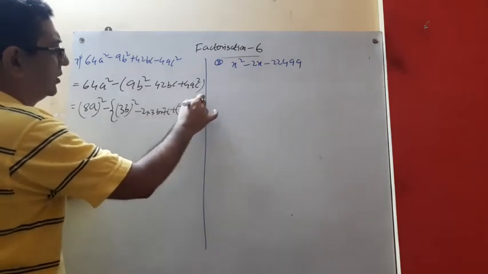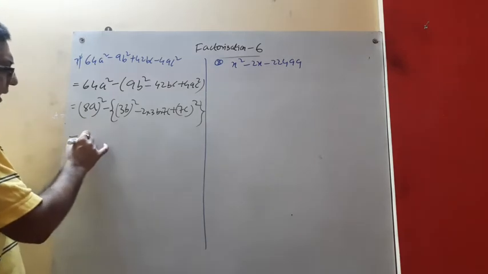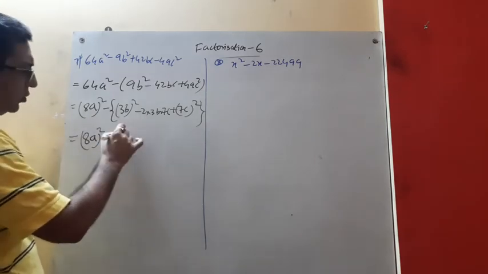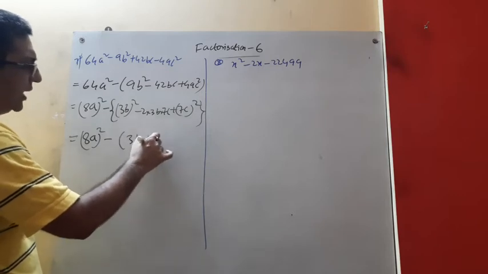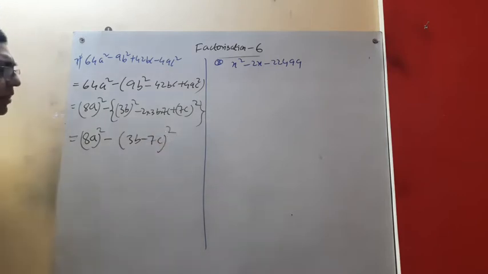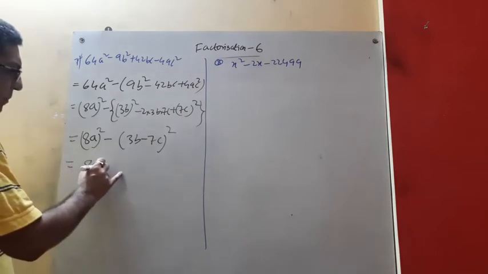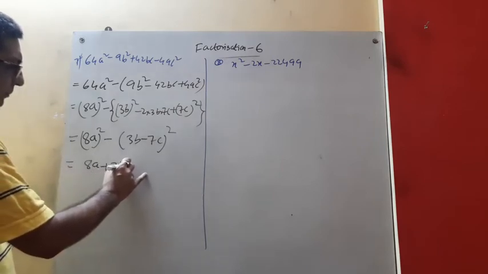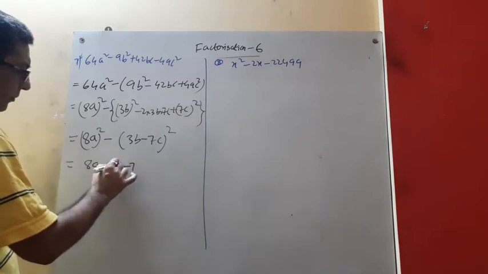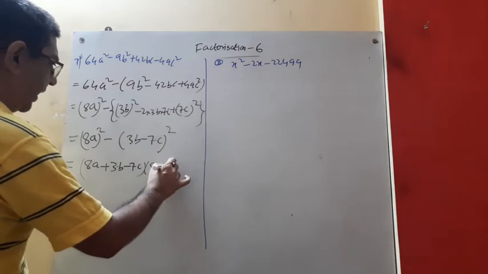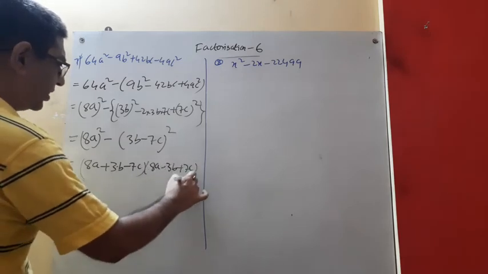So we get 8a whole square minus 3b minus 7c whole square. So this is a square minus b square, so a plus b into a minus b. This is the answer.